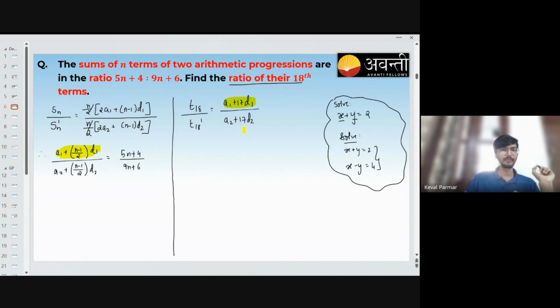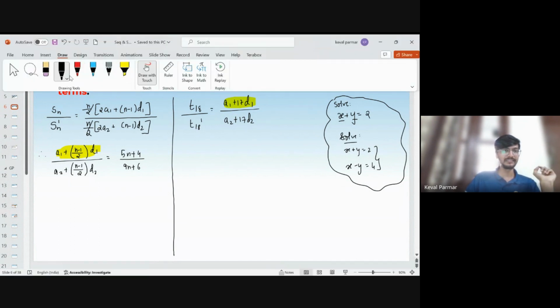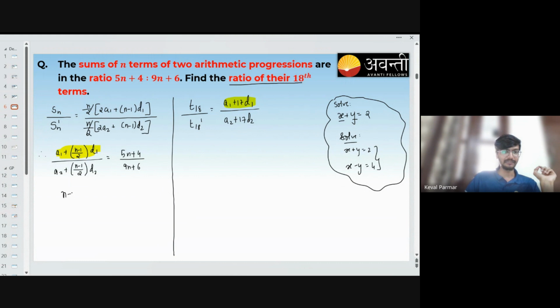If we try to compare this, you can easily see that if (n minus 1)/2 is 17, so what I'll get is A1 plus 17 D1 upon A2 plus 17 D2 will be equal to 5n plus 4 upon 9n plus 6.